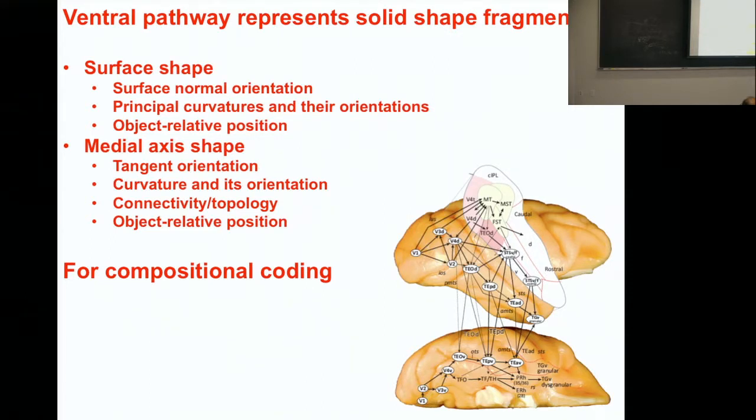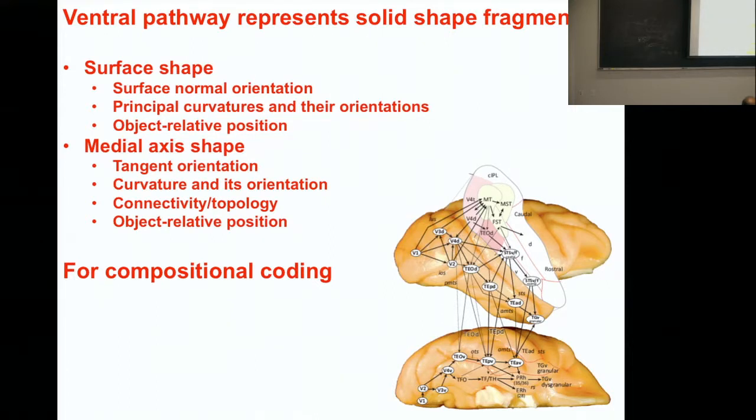It represents those solid-shaped fragments in terms of parameterization of surface space: how surfaces are facing in three-dimensional space, what their surface normal orientation is, what their principal curvatures are and the orientations of those curvatures, and the position relative to the rest of the object of the surface fragments that they represent. And also in terms of medial axis shape.